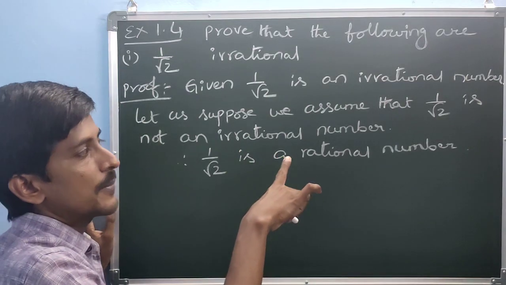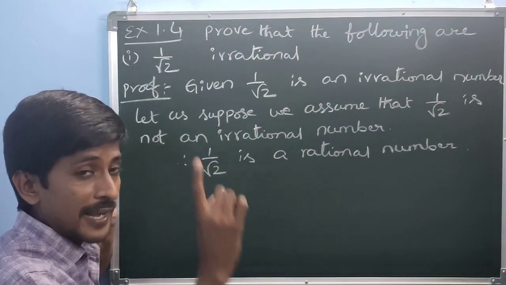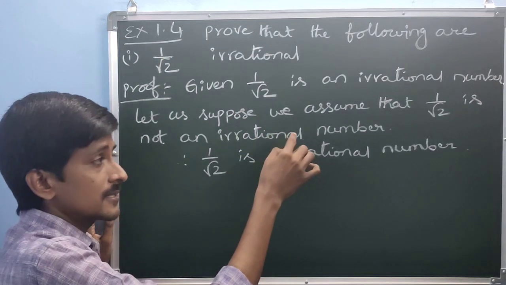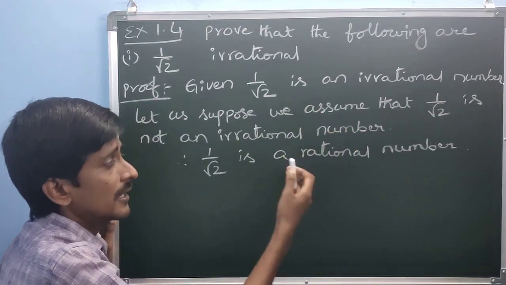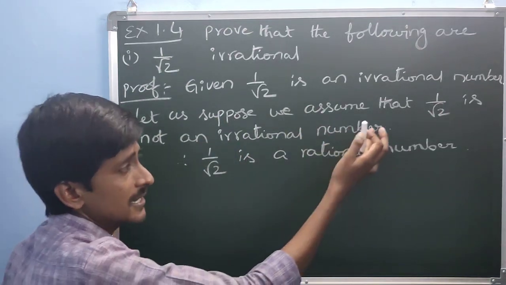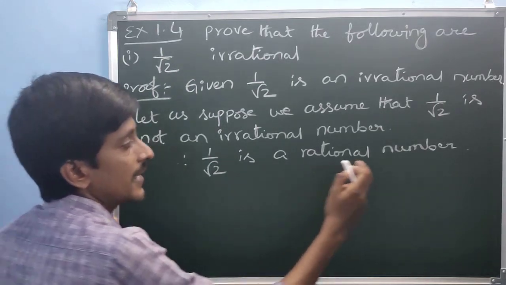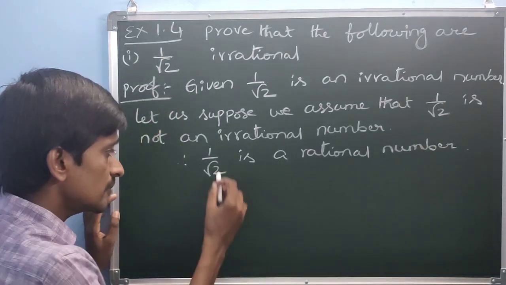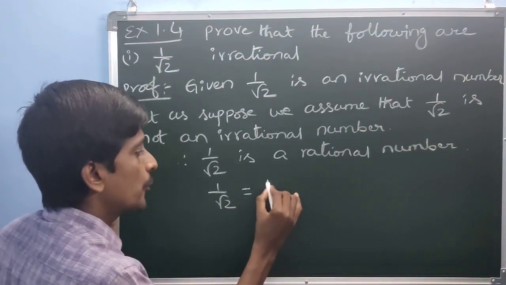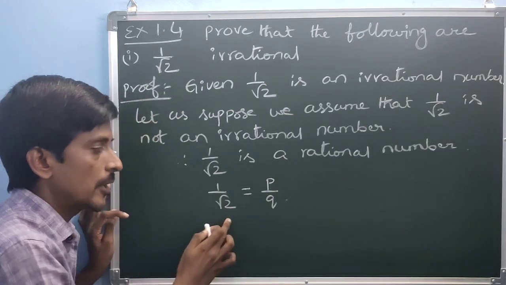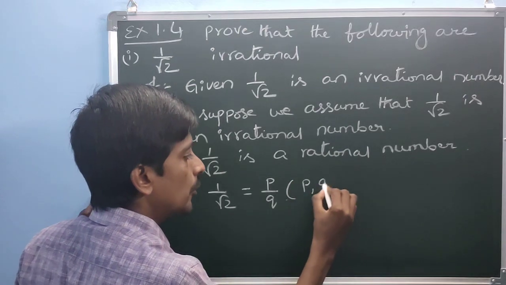What is the general form of a rational number? P by Q form. So 1 by root 2 equals P by Q, where P comma Q are coprimes.